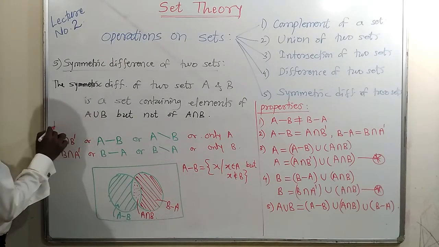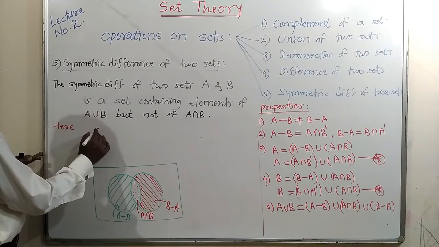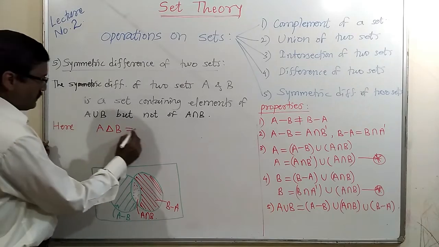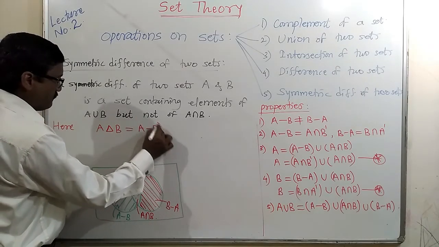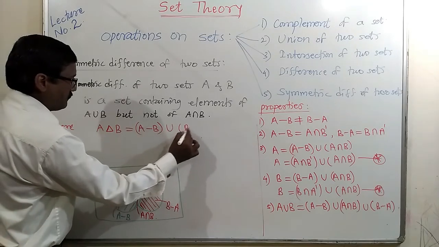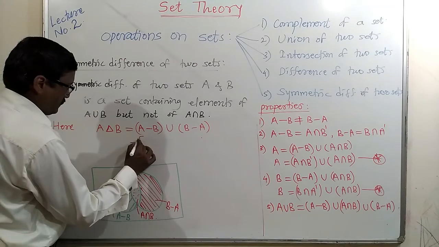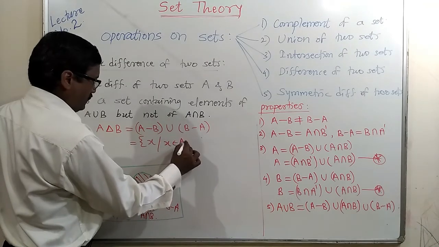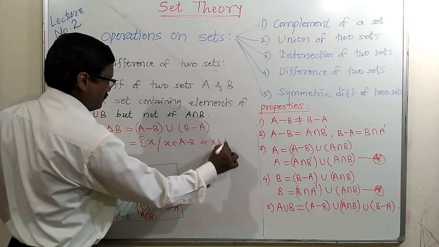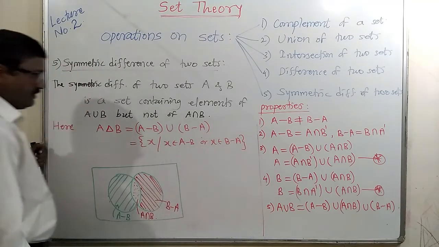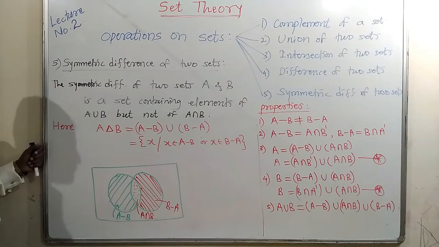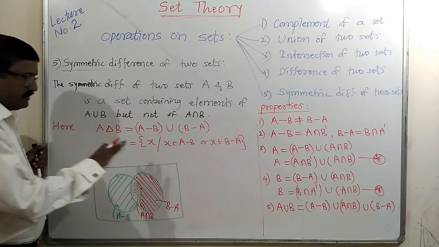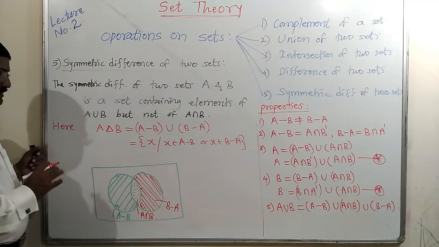So here this is denoted by symbol A triangle B, means symmetric difference of A and B. It is nothing but the elements from A difference B union B difference A. That is a set of all X such that X belongs to A difference B or X belongs to B difference A. Don't read this as A minus B. It's A difference B, because we are not subtracting elements, we are eliminating that element from that group, not a subtraction process.